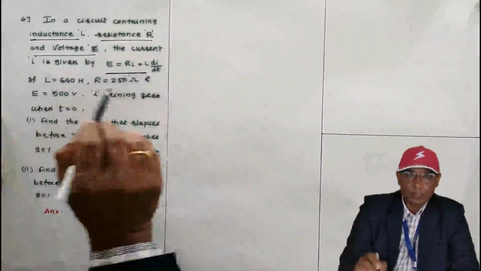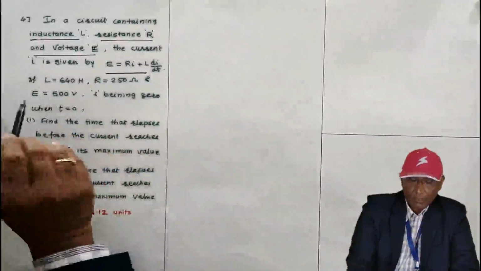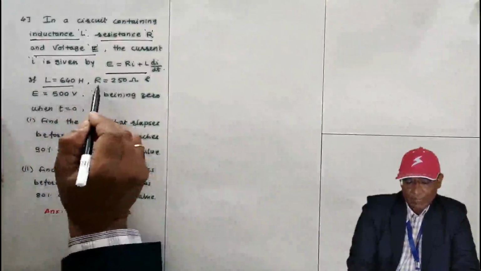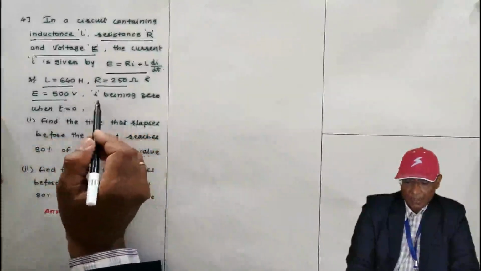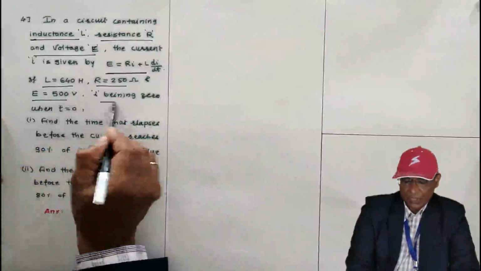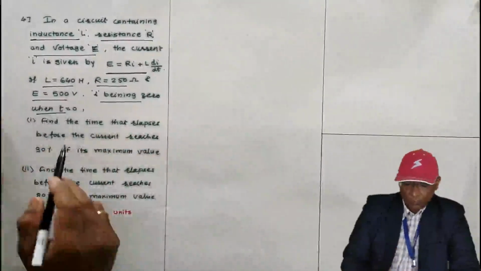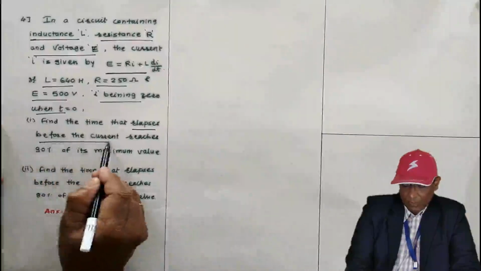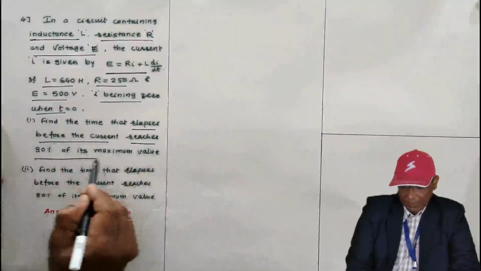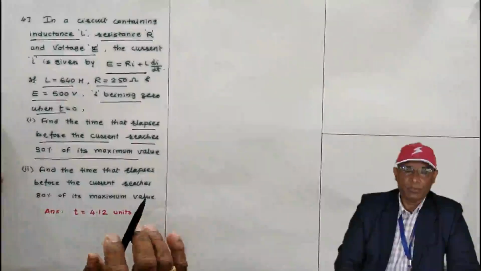If it is not given, you have to write it at your home. If the value of L is given, the value of R is given, the value of E is given, I being 0 when t is 0, that is the initial condition is given to you. Find the time that elapses before the current reaches 90% of its maximum value. That we have to find.